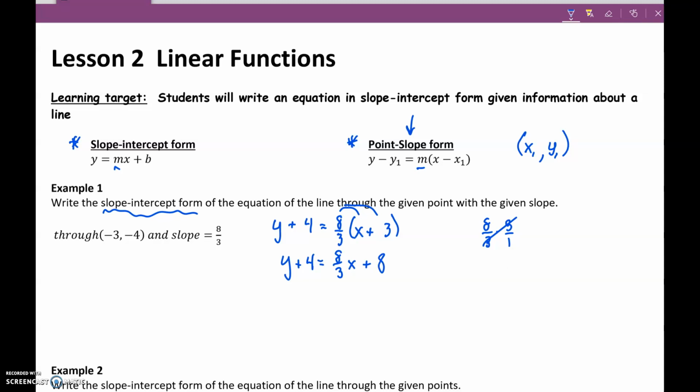And then the only thing to do to get it into our slope-intercept form is we need to get y by itself. So I'm going to subtract 4. And we have our equation in slope-intercept form. So there's our equation that goes through that point and has that slope.